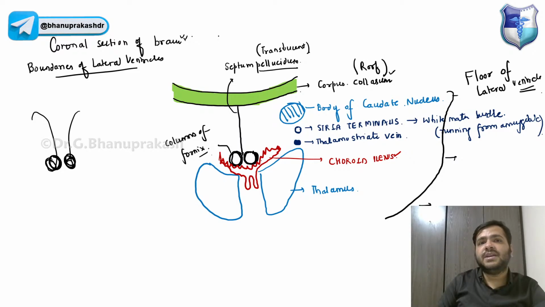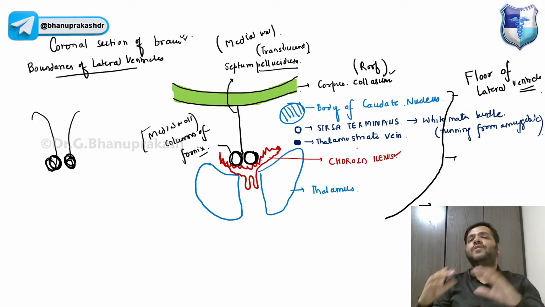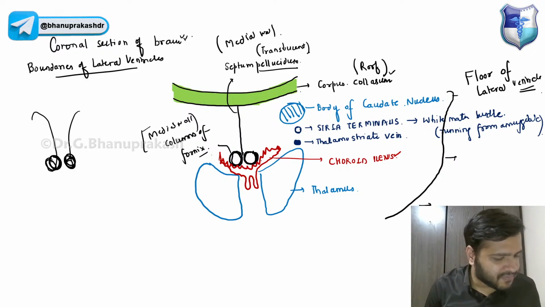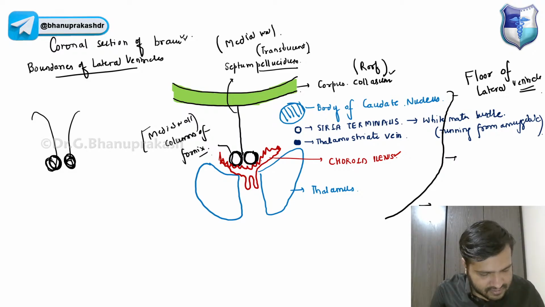The medial wall is formed by the septum pellucidum and the columns of fornix, and the rest everything will form the floor of this lateral ventricle, guys, right?